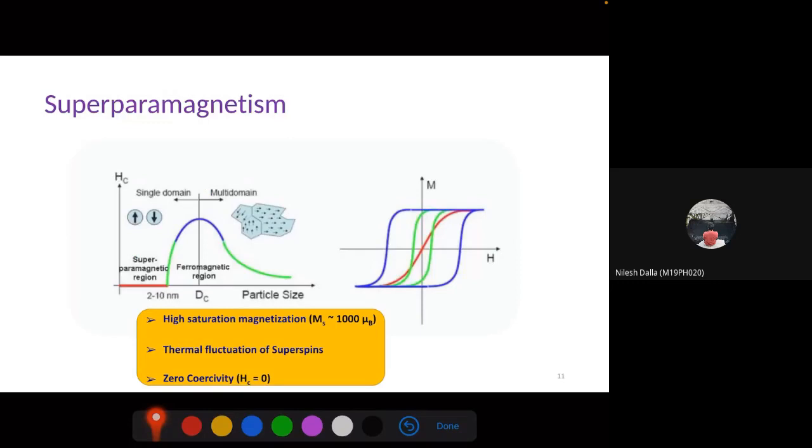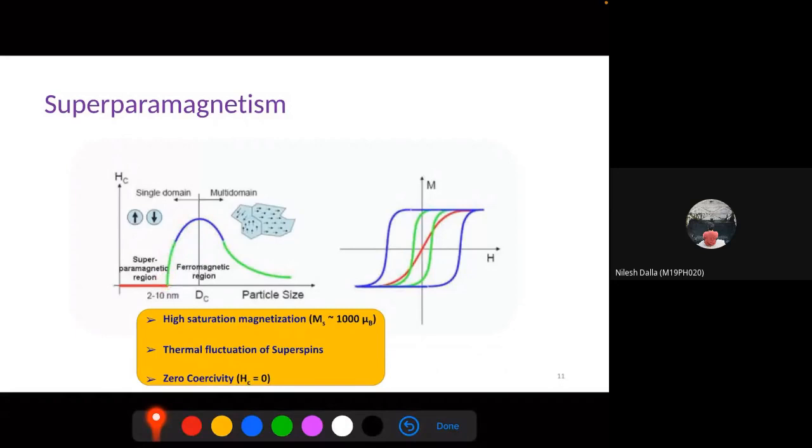So when you look at how the coercivity varies as a function of the particle size, what you observe is that it initially increases, and then at a critical dimension of the particle size you make a transition from a multi-domain state to a single domain state, and then the coercivity decreases again.